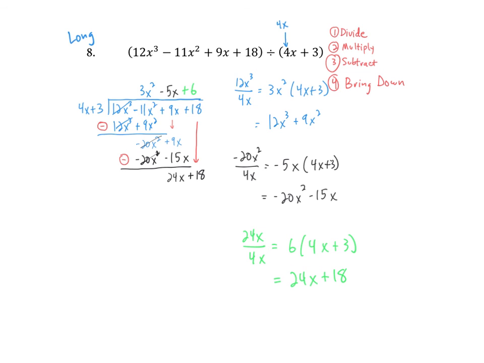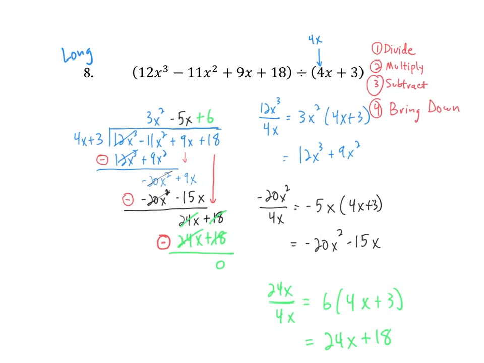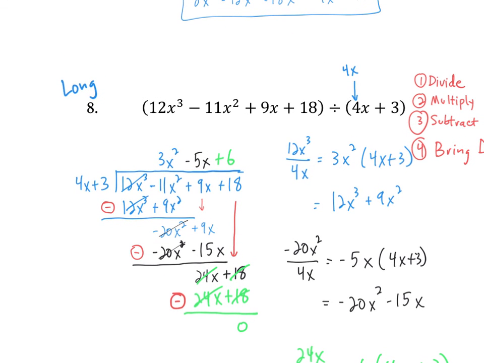And then we'll put down here, line it up. Okay, and then everything cancels. Those cancel and those cancel. When you subtract, you get 0 as a remainder. So if you get 0 as a remainder, then whatever's up here is just the answer. That's it for this one.